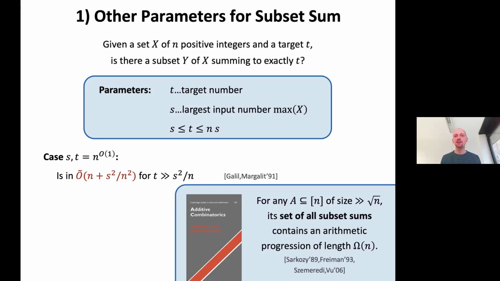All the numbers, meaning all numbers that are sufficiently close to half of the total sum of the input. And sufficiently close turns out to be this constraint, that the target is at least S squared over N.